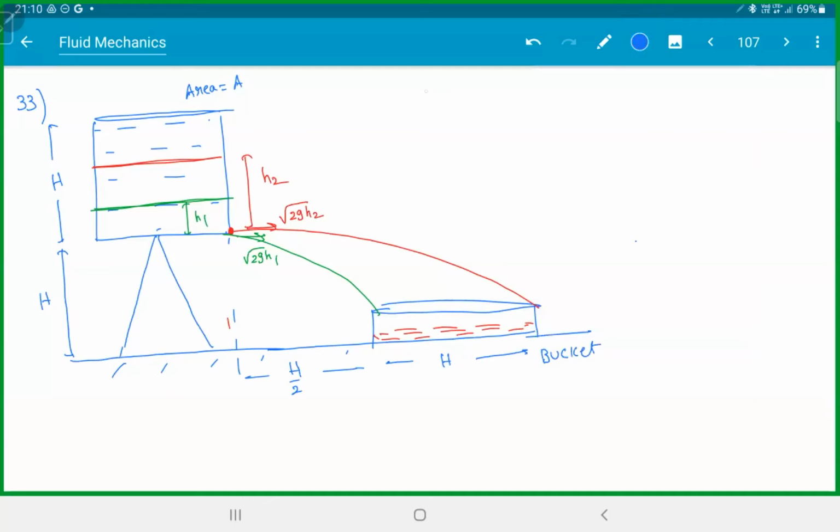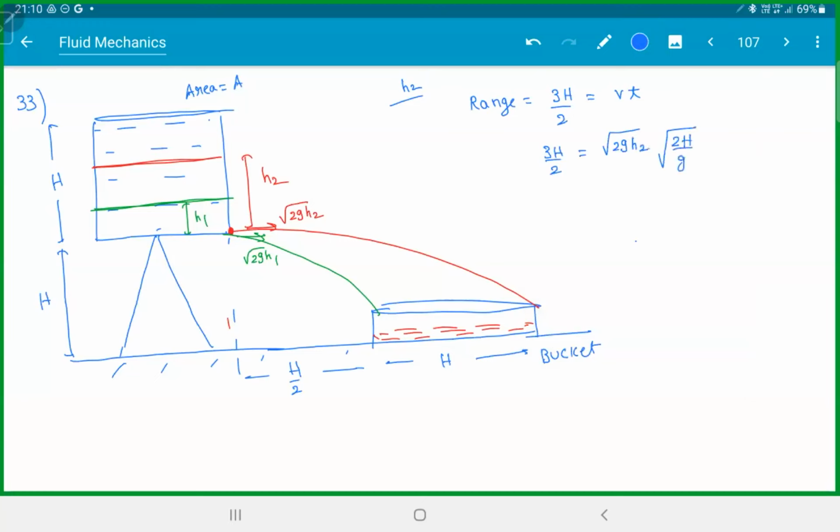So for the first, h2, what is the range? 3h by 2. What is the formula for range? Velocity into time. What is velocity? Root 2g h2. What is time? Root 2h by g.